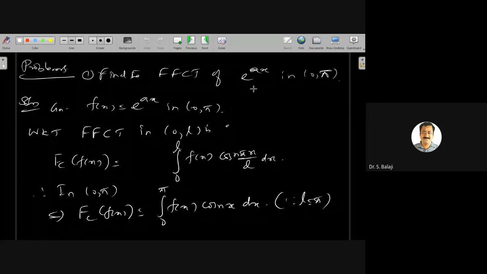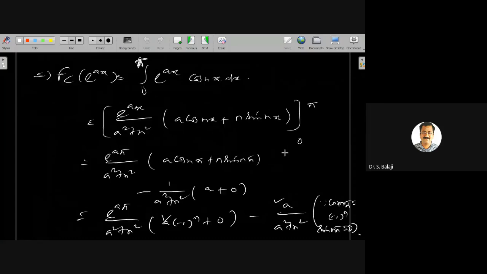So replace f of x equal to e power ax. Over 0 to pi, the integral of e power ax cos nx dx.